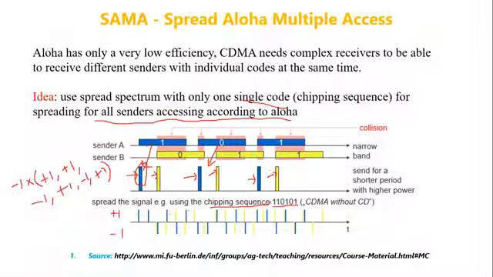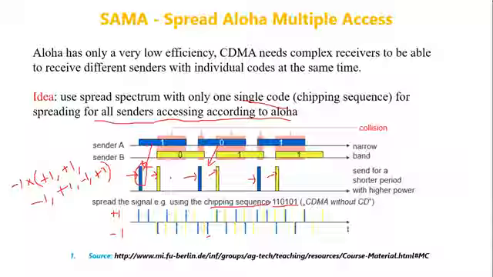It will become -1 -1 +1 -1 +1 -1. Like that it transmits. Again it sends 1. Similarly the case for B also.